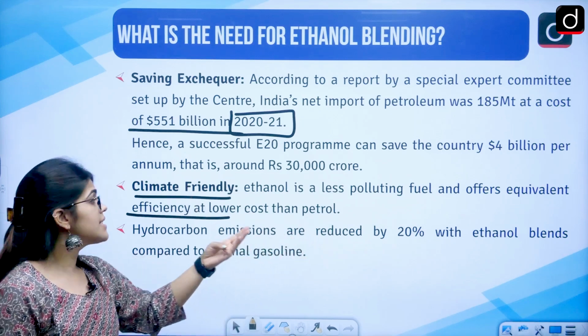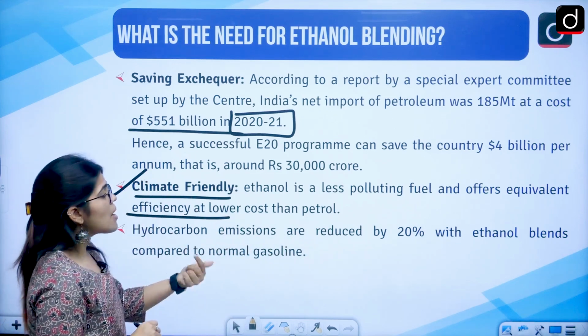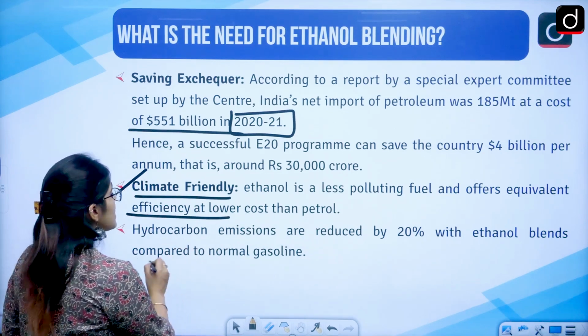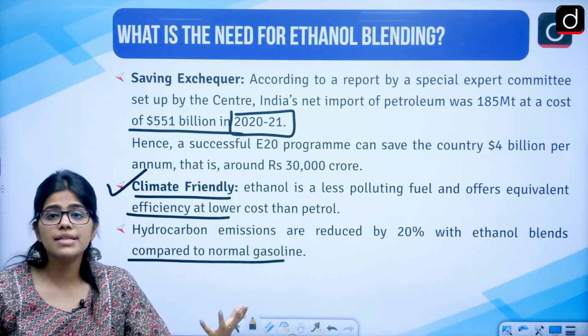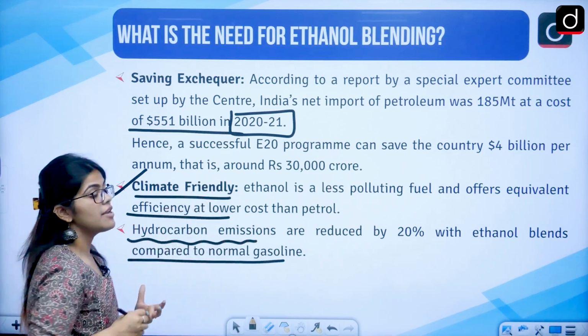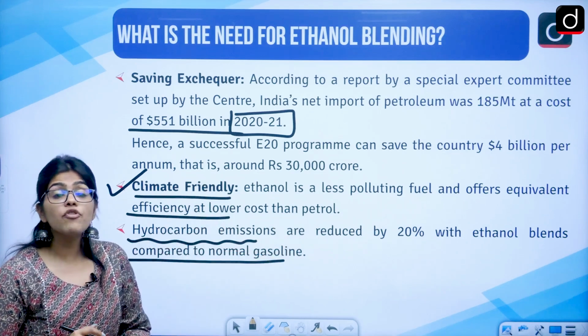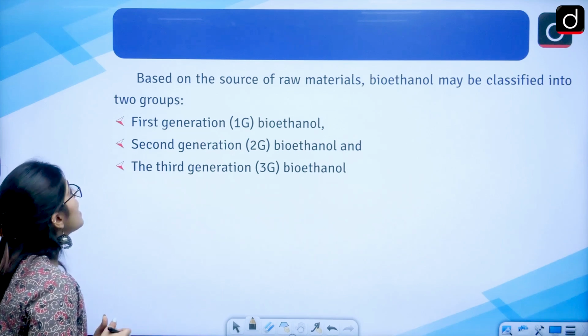And thirdly, it is climate friendly. Hydrocarbon emissions are reduced by 20% with ethanol blends as compared to normal gasoline. If you use normal gasoline, there will be a lot of hydrocarbon emissions in the environment. But when ethanol is used, you can reduce the hydrocarbon emissions by 20%.